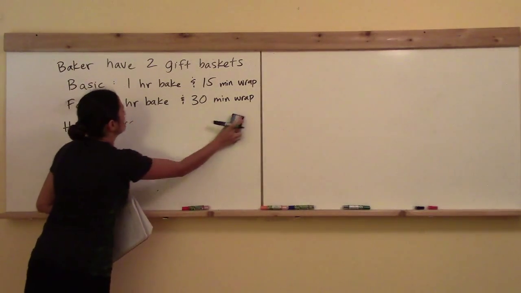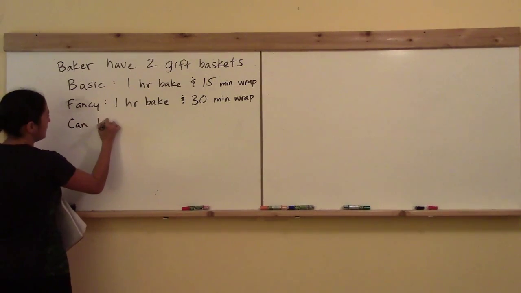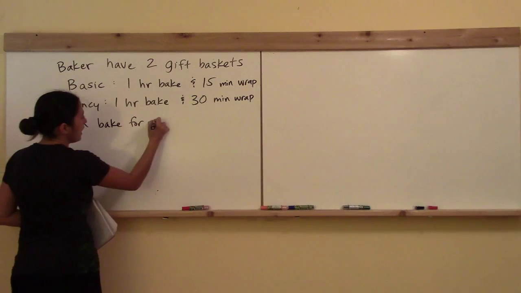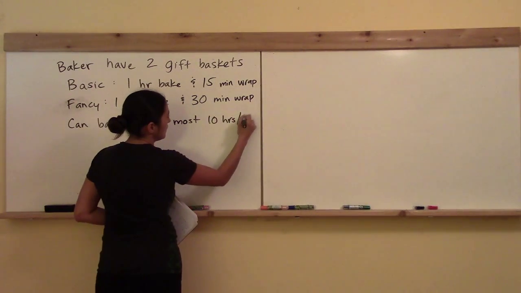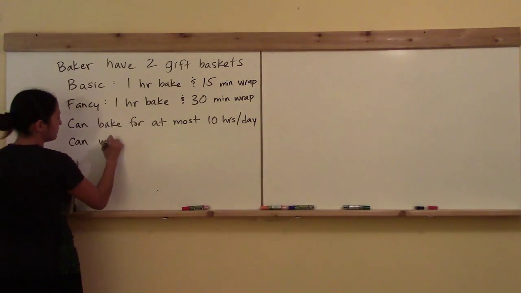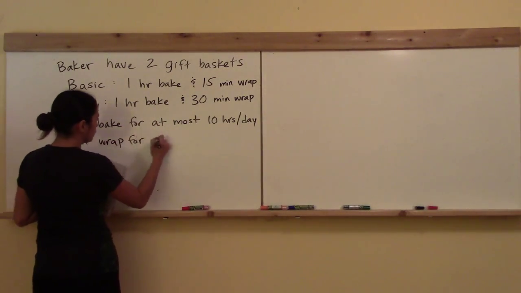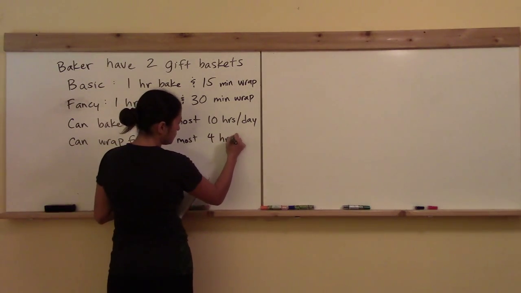Actually, let me rewrite that with the keyword in there. Okay, so I can bake for at most 10 hours per day. Okay, and then the other thing that I can do is I can wrap. I have to wrap those up, and I can wrap for at most, let's say, 4 hours per day.